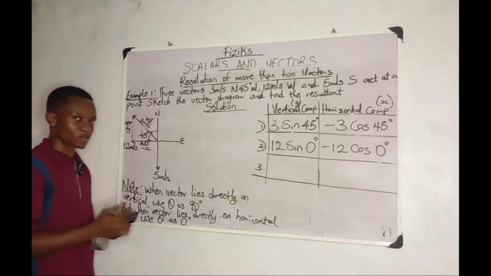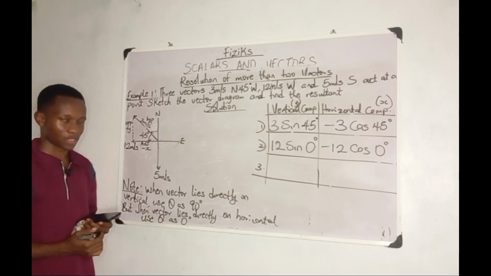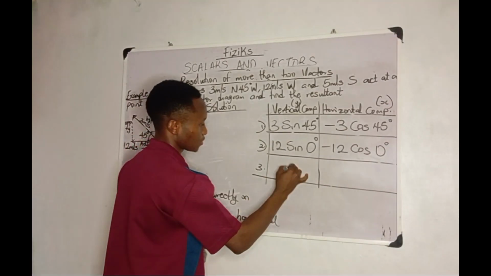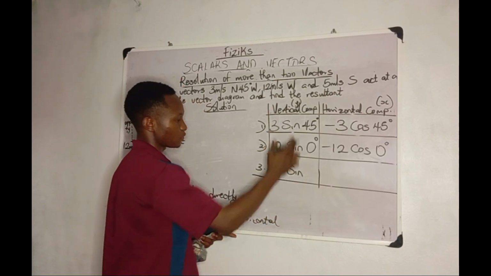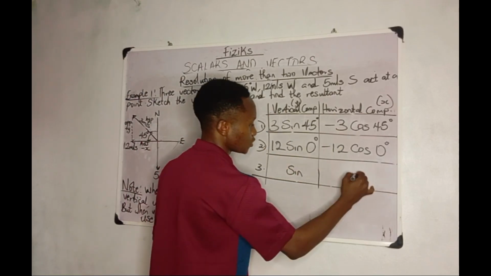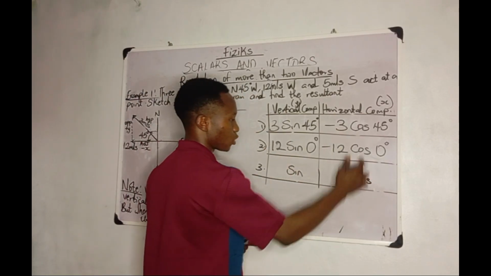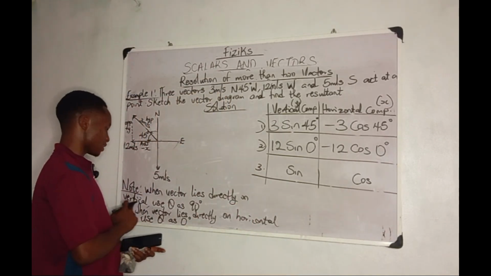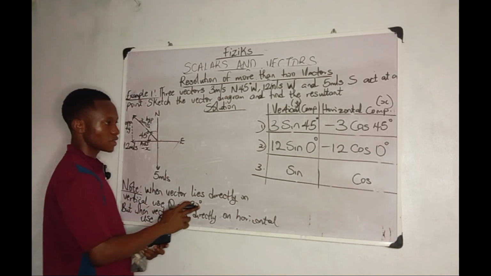Now quickly, the last one, I'm going to do it in a very special way. Mind you that we said you must be using sine for all the vertical, and cos for all the horizontal. Now let's go. We said when a vector lies directly on vertical, use theta as 90.